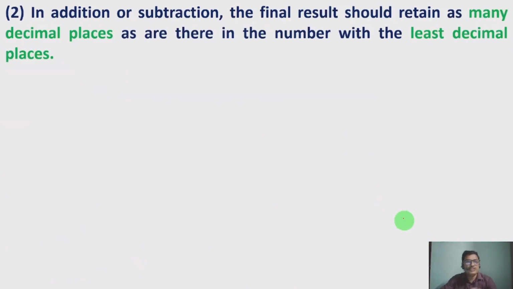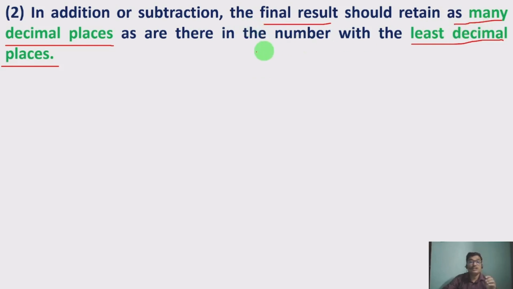Then moving on to addition or subtraction, the rule is that the final result should retain as many decimal places as there are in the number with the least decimal places. Here the rule is not concerned with significant figures.